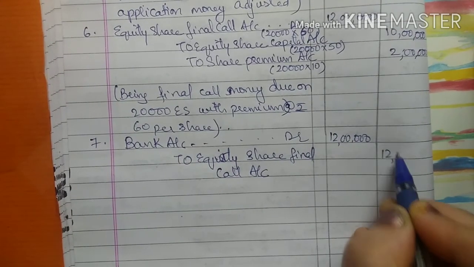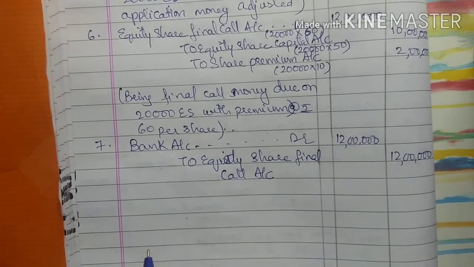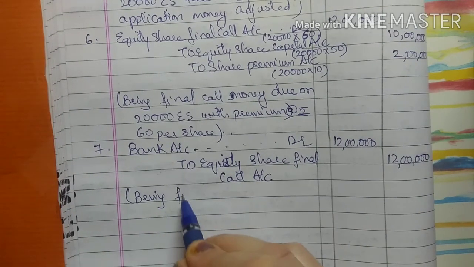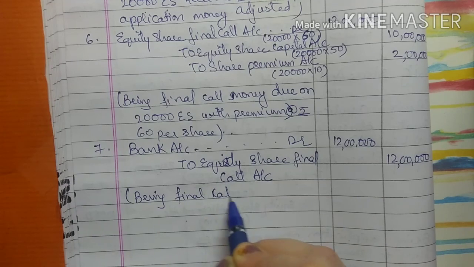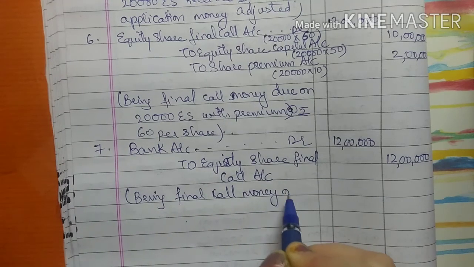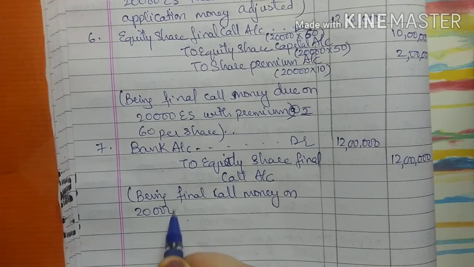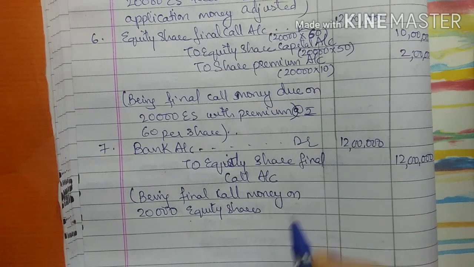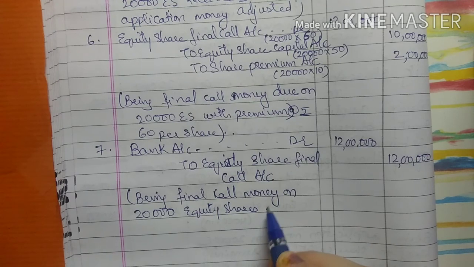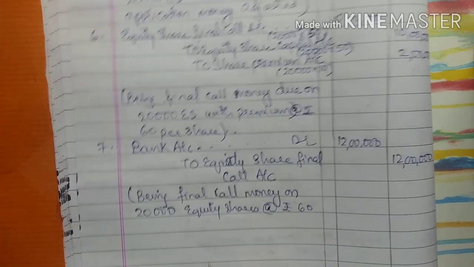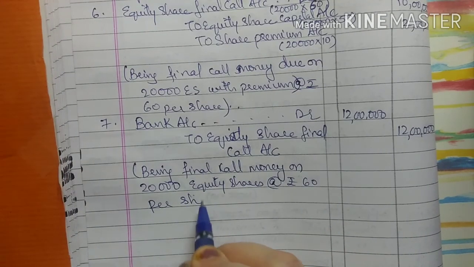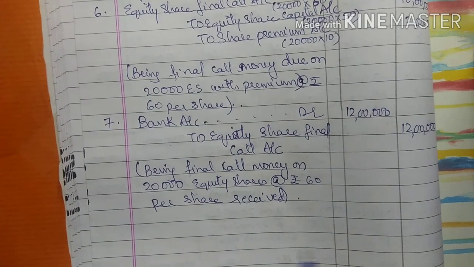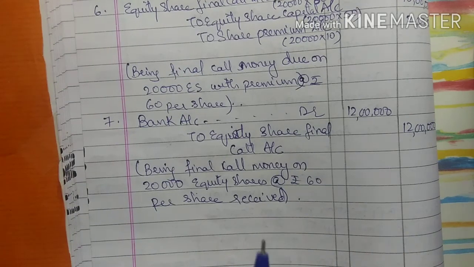So the full amount has been received. So the narration will be final call money on 20,000 equity shares at the rate of rupees 60 per share received, right? So this was our last entry.